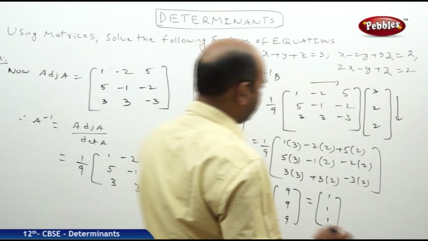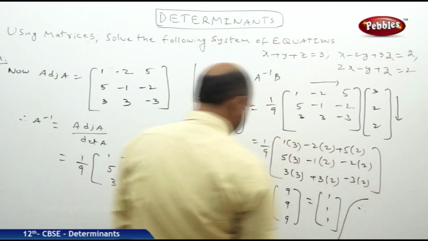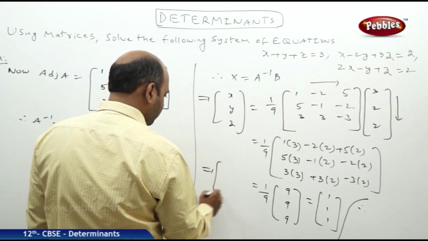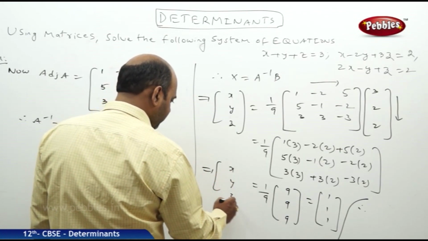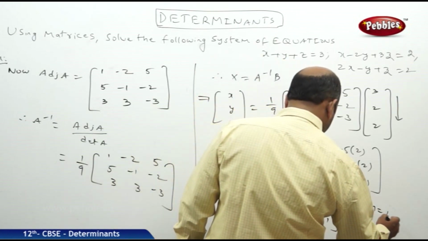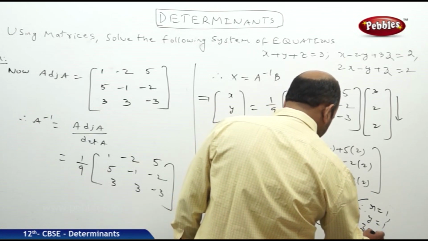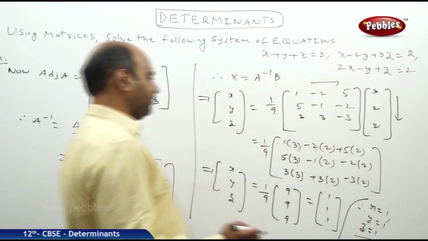Therefore what can I conclude here? Here I am writing. What can I conclude? And this whole thing is nothing but X, Y, Z. So in place of x, 1, therefore x is equal to 1 and y is equal to 1 and z is equal to 1.